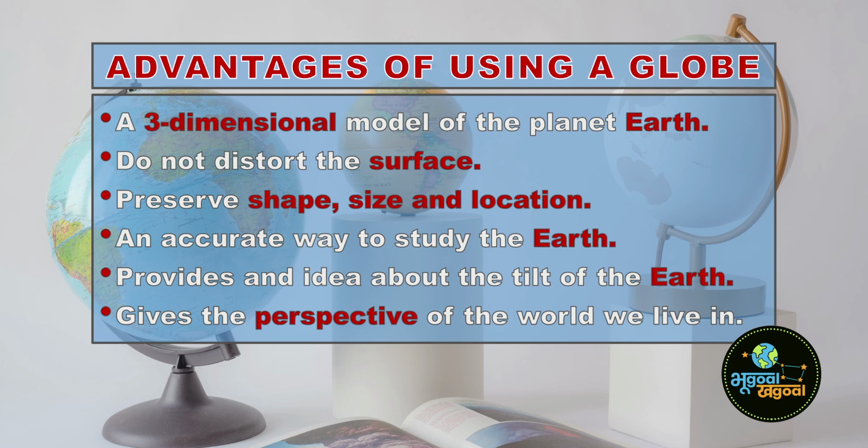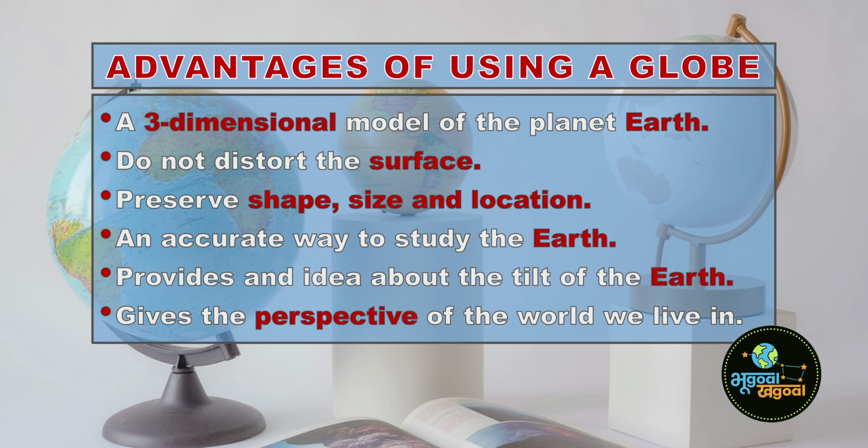Now let us discuss the advantages and disadvantages of globes. We all know that since globes are a 3D representation of the planet, especially planet Earth, they do not distort the surface, rather they preserve the shape, size and location.